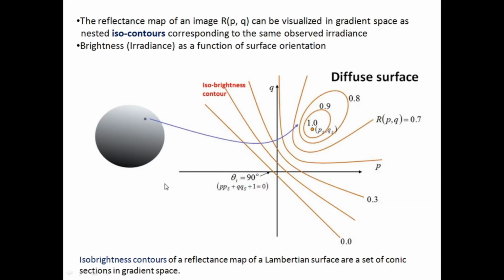Here at this point I have R of p comma q equal to 0.7. That means along this direction, for any value of p or q, the reflectance map is 0.7, because this iso contour has the value 0.7, and any point on this curve gives you a reflectance of 0.7.